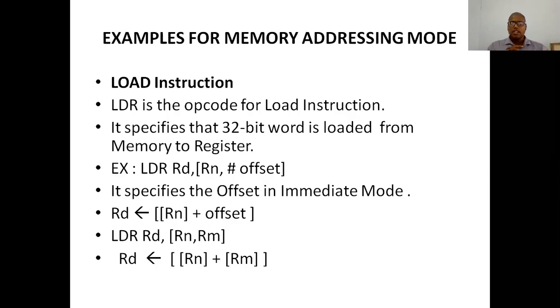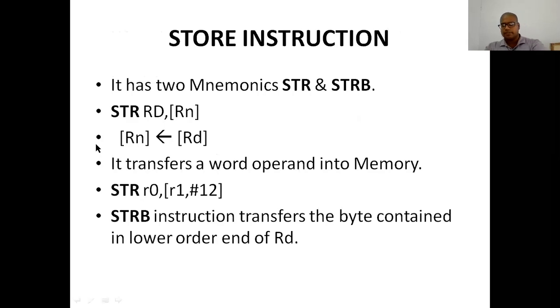Here also we have two important operations called load and store, but the way of representing these load and store operations is different from the load and store operations we have seen in the second unit. Now we are going to see those differences. For the load operation we use the syntax LDR.